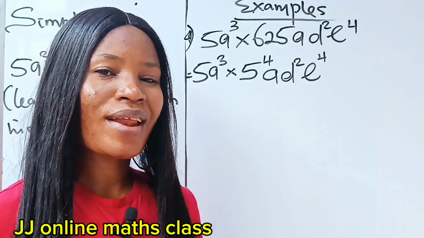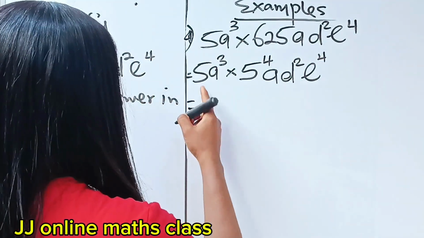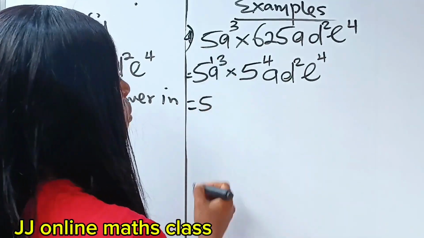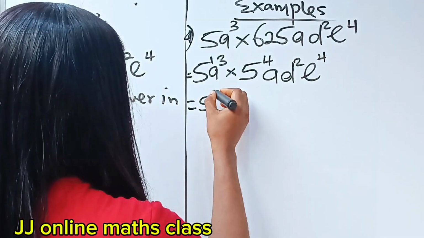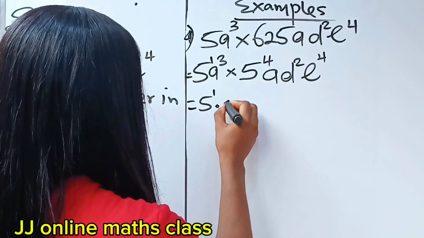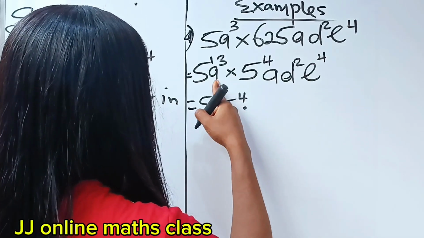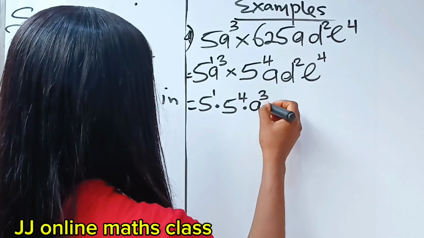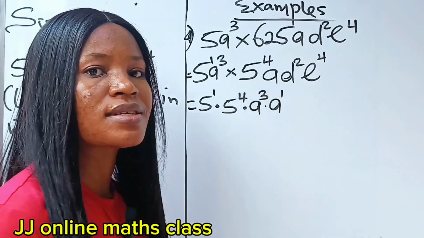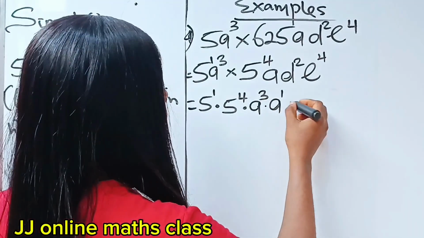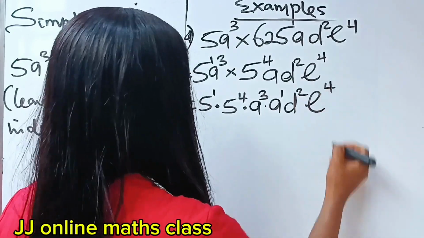Now it's time to collect like terms. This 5 is the same thing as 5 to the power of 1, right? So you're going to write 5 to the power of 1 multiplied by 5 to the power of 4. Then multiplied by, let's pick a to the power of 3 multiplied by a, which is the same thing as a to the power of 1. Then we have d to the power of 2 and e to the power of 4.